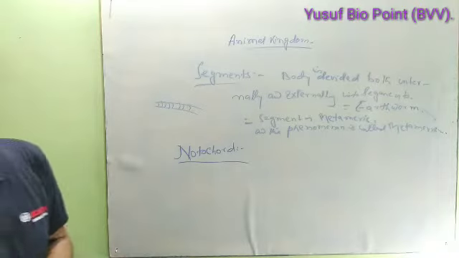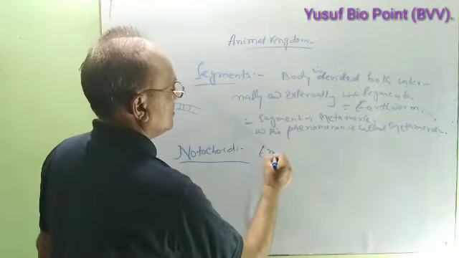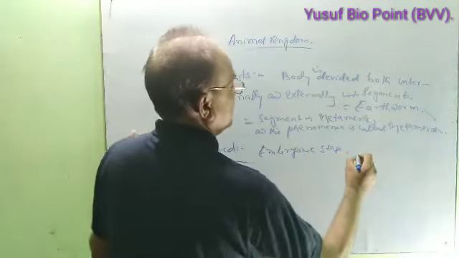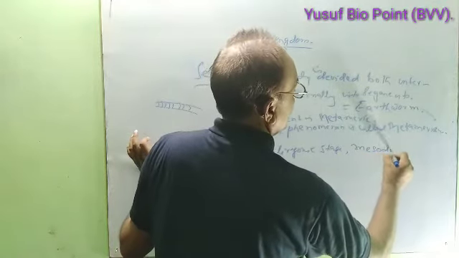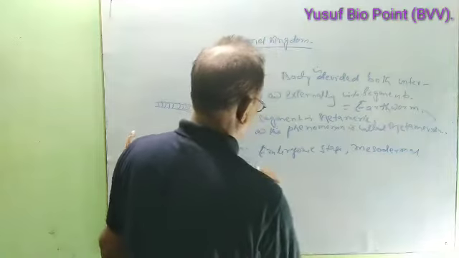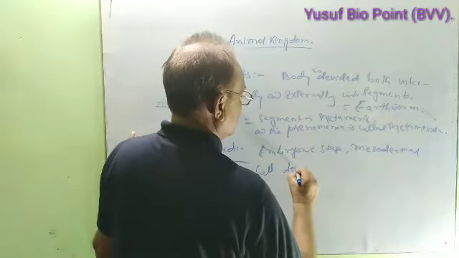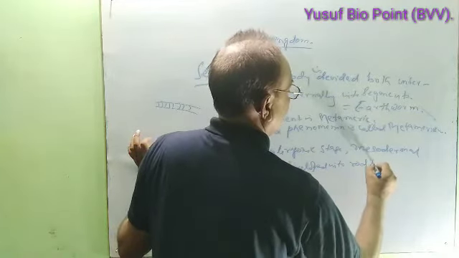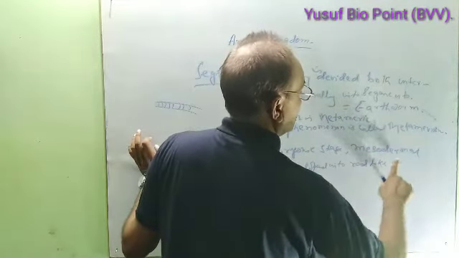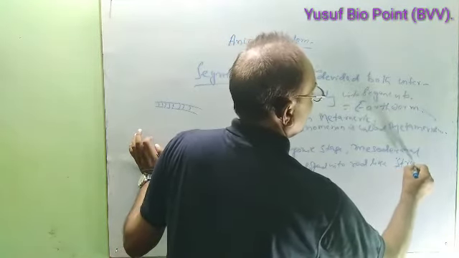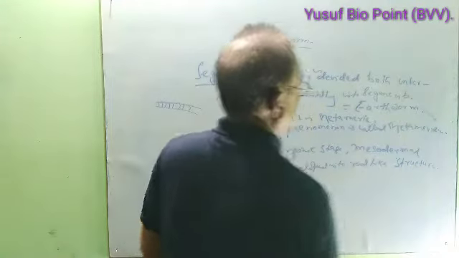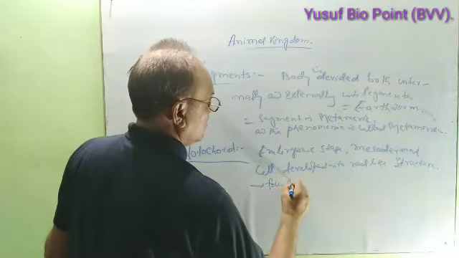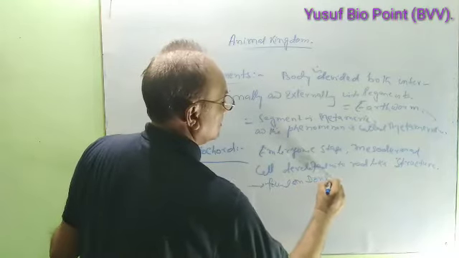Next one, notochord. Sometimes in the embryonic stage, the mesodermal cells develop into rod-like structures, and this is found on the dorsal side.